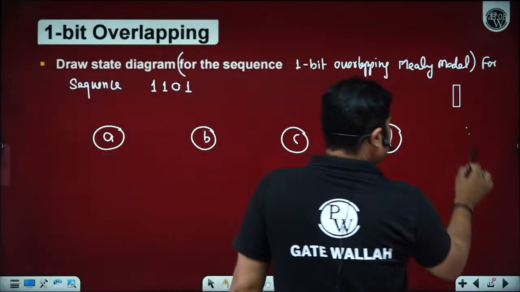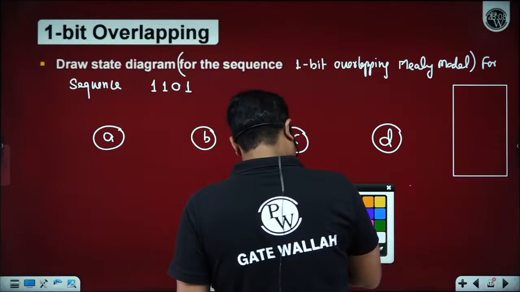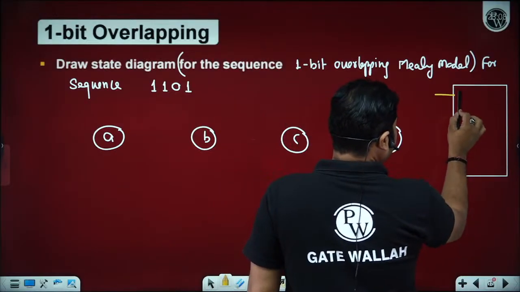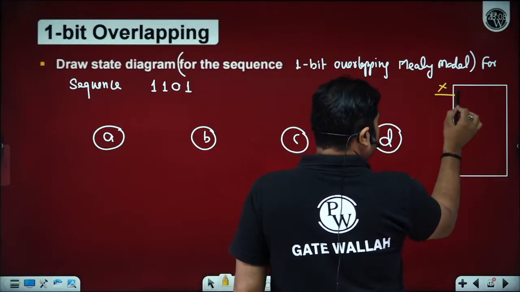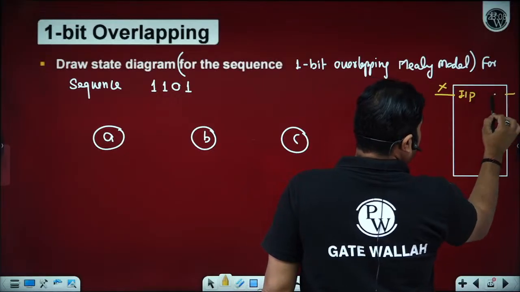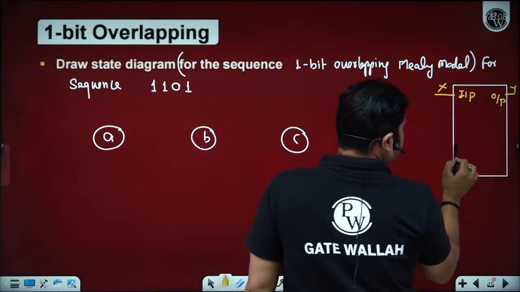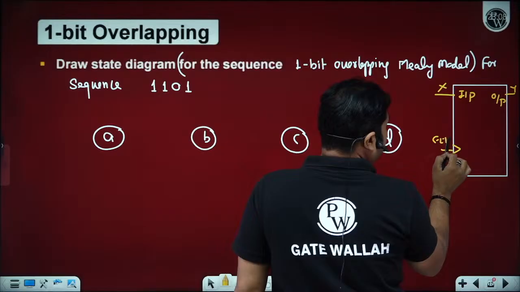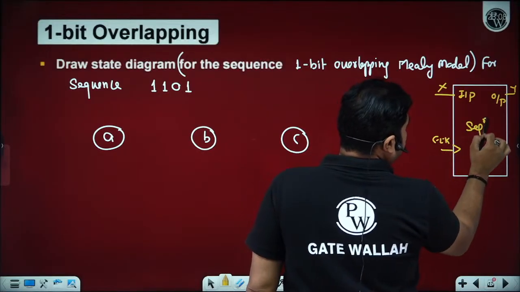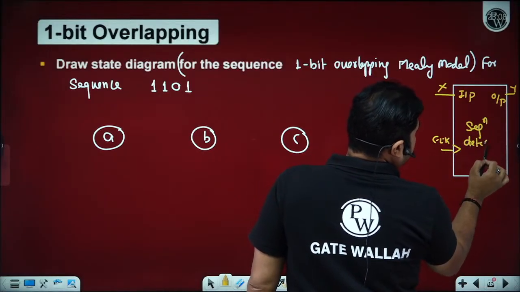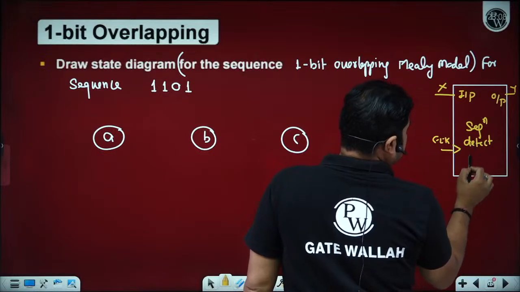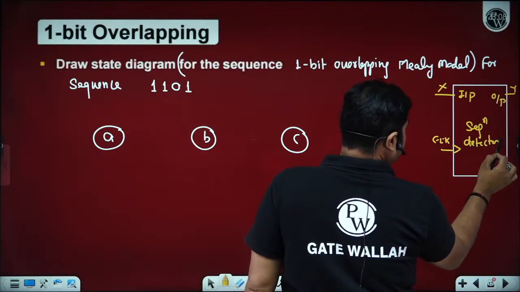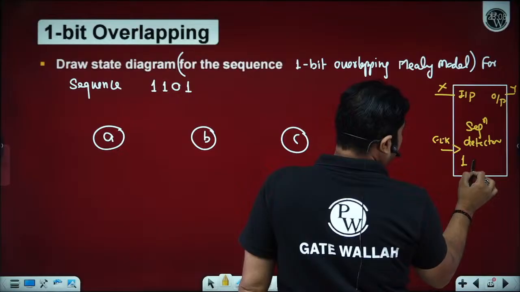We want to design a sequence detector where the input bit stream is onto the X and output will become high only when the required set of sequence got detected on the sequential circuit. So which sequence we want to detect? Sequence detector 1101.